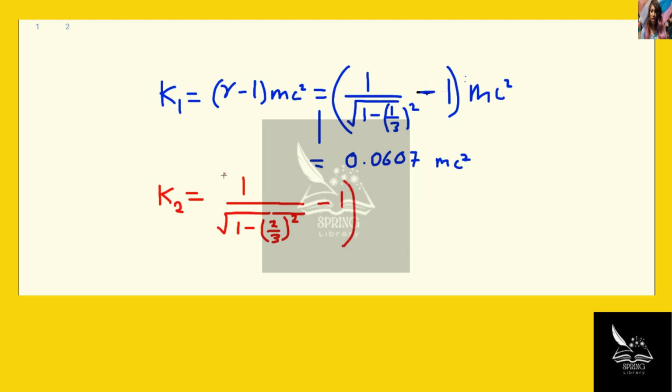Subtract 1 from that, times mc squared. So here you get a 4/9, whereas here you had a 1/9. You work that out, and you get 0.3416 times mc squared.